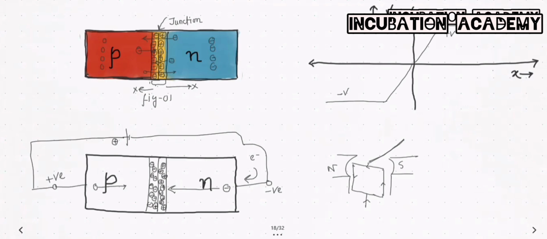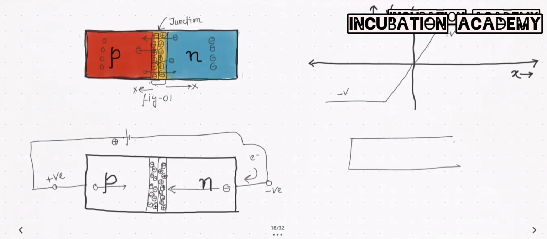Let me show this. Previously, before forward bias, this was the width of the depletion region.